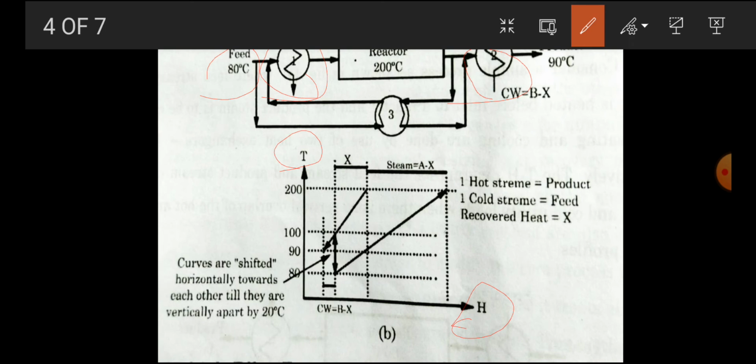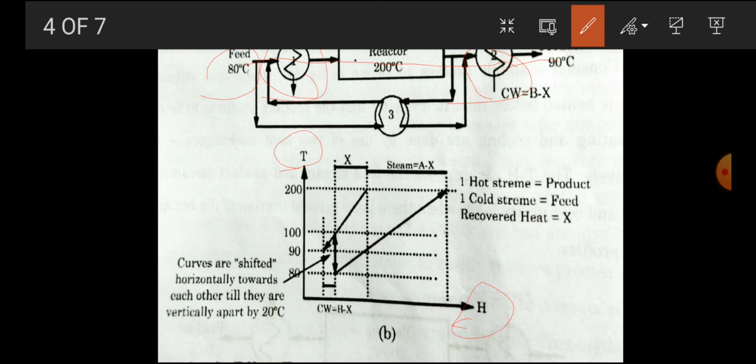In this process, as you can see, the feed stream moves from the heat exchanger to the reactor and then moves to the second heat exchanger and then moves to the final.